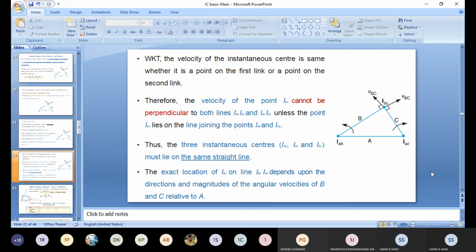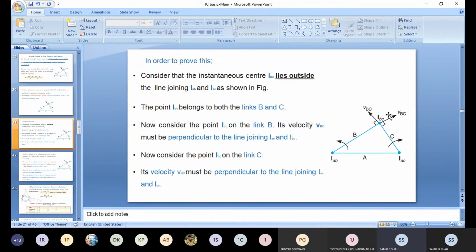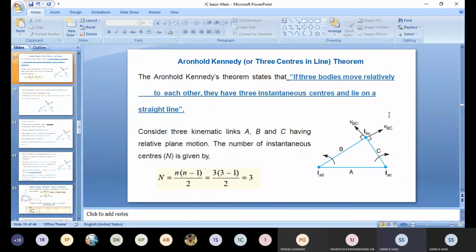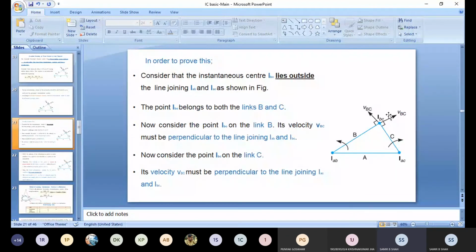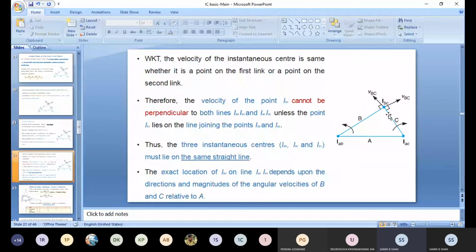Okay, so if it is asked in your exam to define or explain Kennedy theorem, then you may start with the statement. After that, you initially assume that the point IBC may be outside.